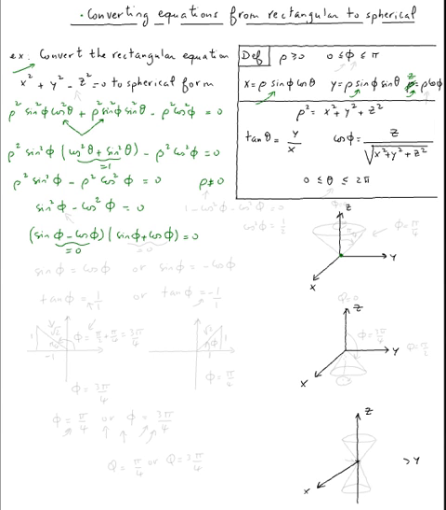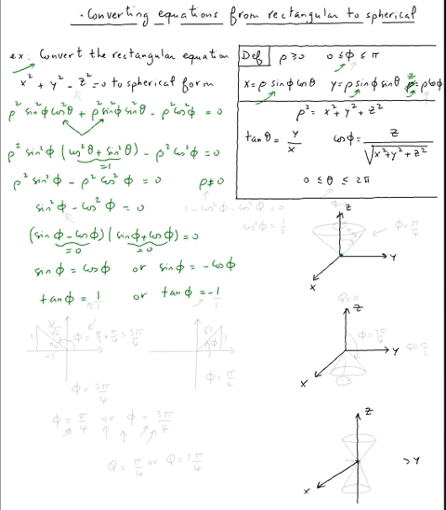That means this is equal to 0, or this is equal to 0, which means sine phi is equal to cosine phi, or sine phi is equal to minus cosine phi. Divide by cosine phi, you get tangent phi equals 1, or tangent phi equals -1. But don't forget, we know phi is between 0 and pi.